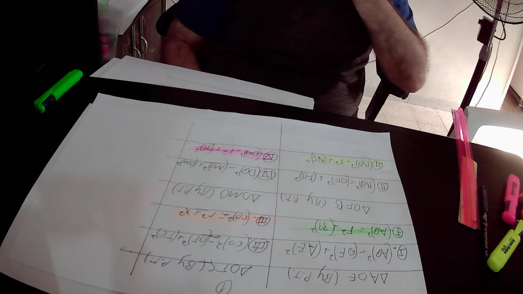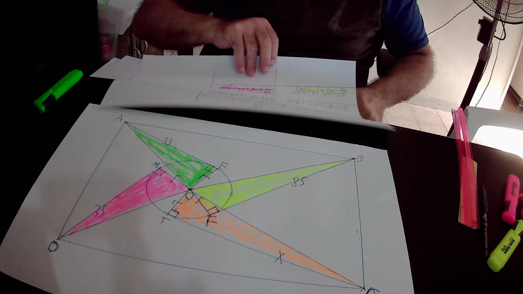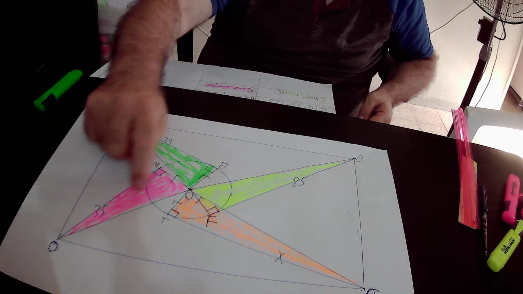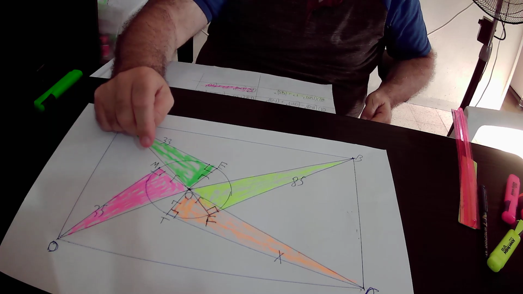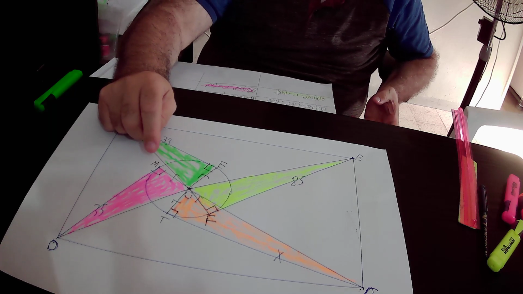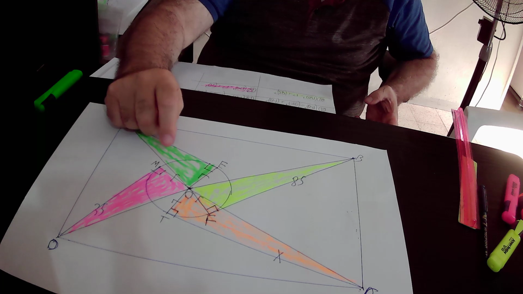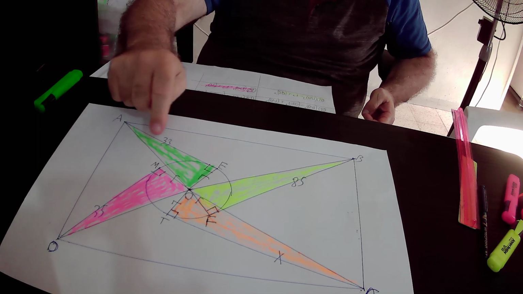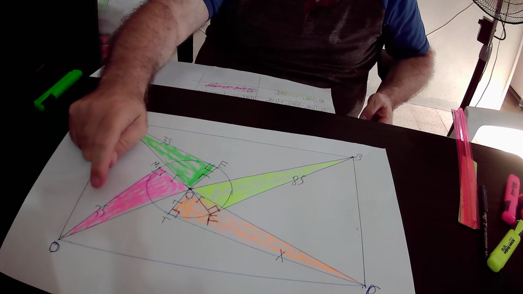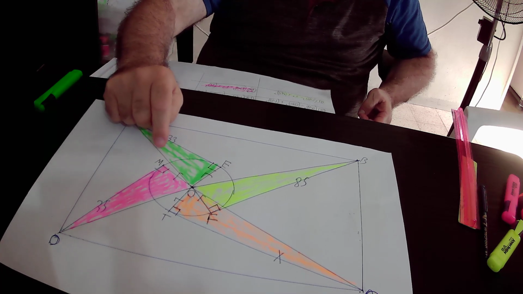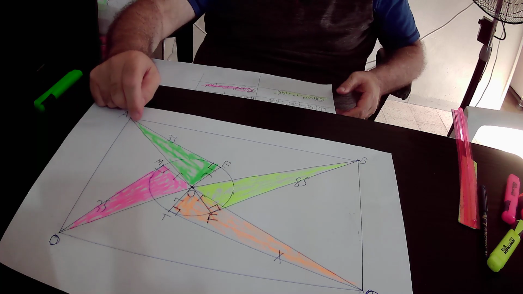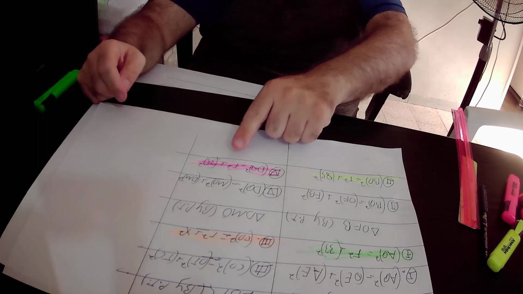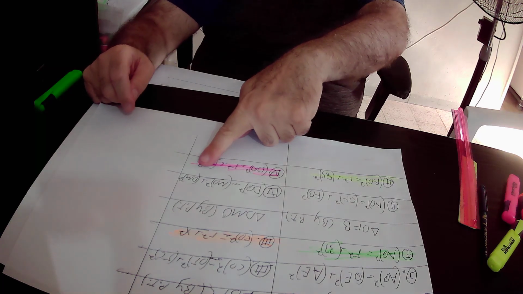And finally, we joined points D and O together by a straight line. In this way, we created the pink triangle MOD. In the right pink triangle OMD, according to the Pythagoras theorem, DO square equals MO square plus DM square.